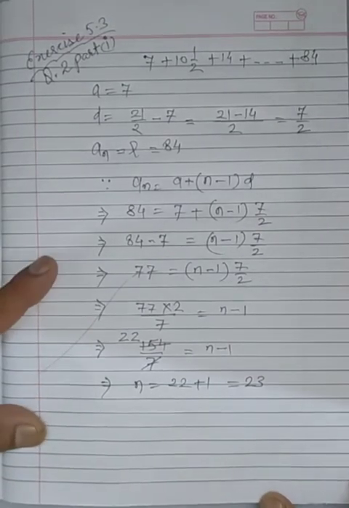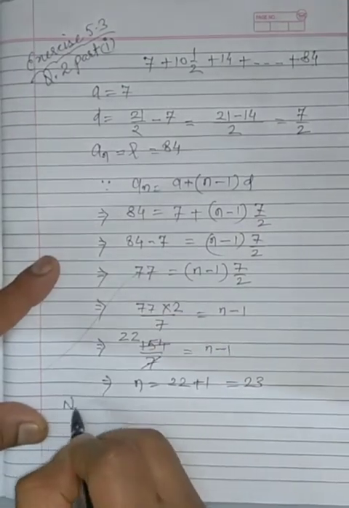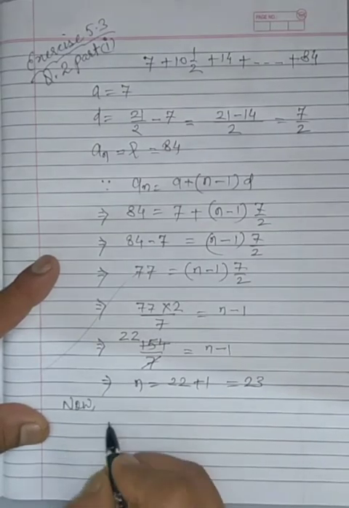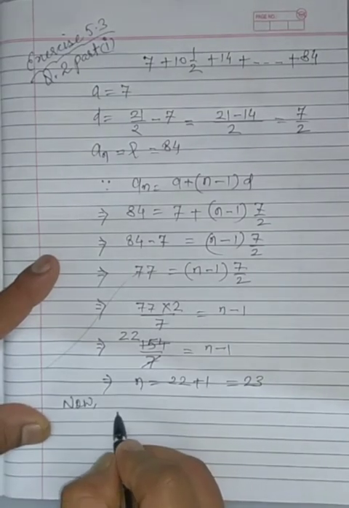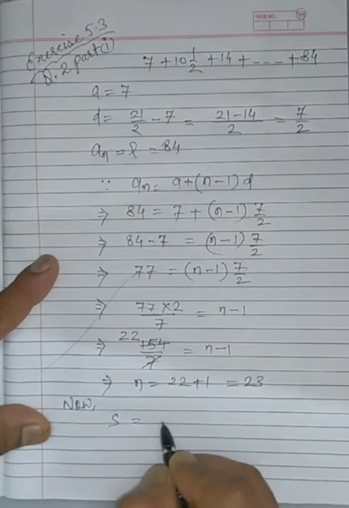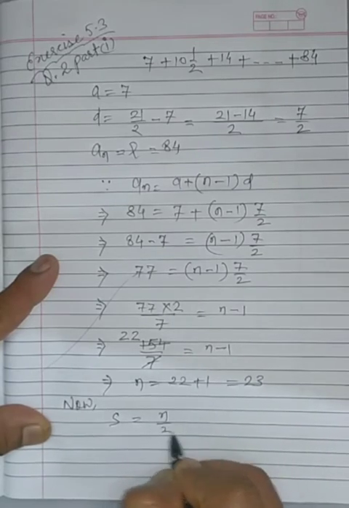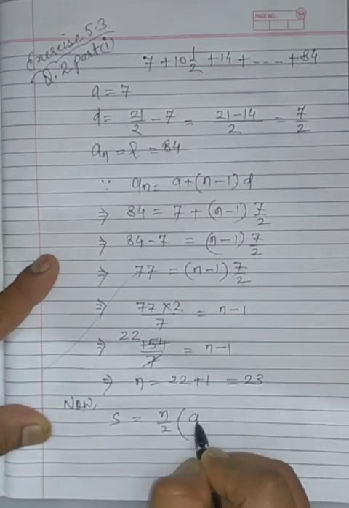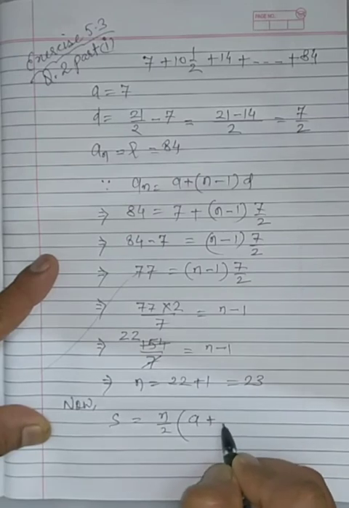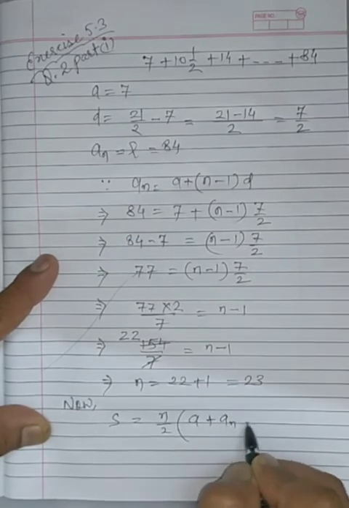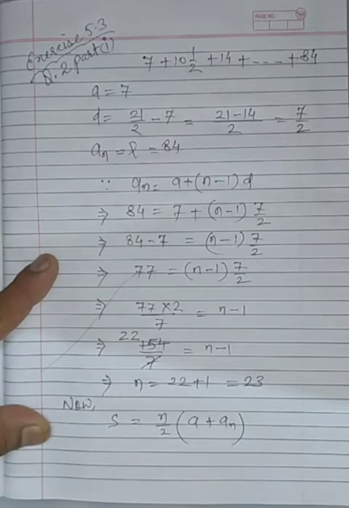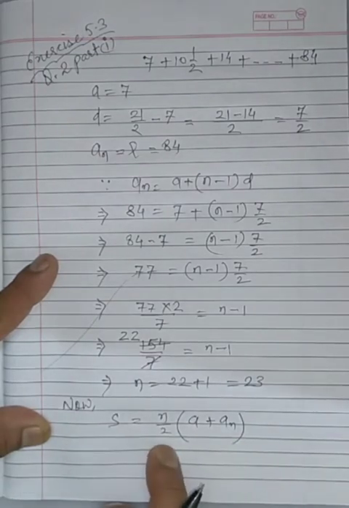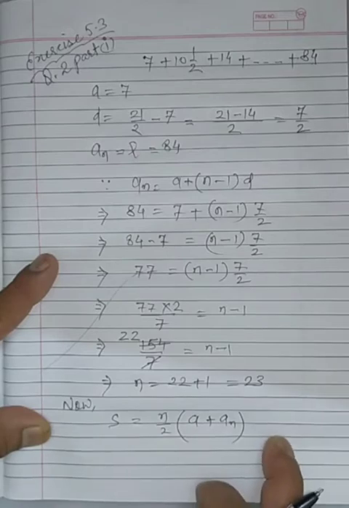Okay. Now we can find out the sum of all these terms. For finding out the sum, we will use this formula. Sum of terms is equal to n by 2 into A plus AN, or A plus L. I have given you all these formulas in my previous video. This is one of the formulas when we are given the last term.